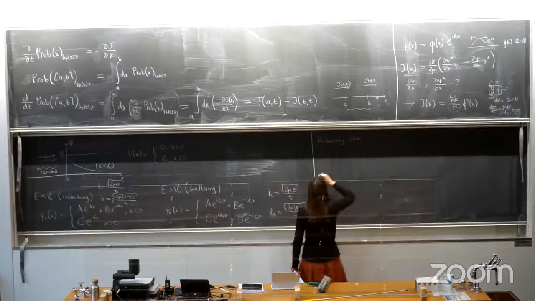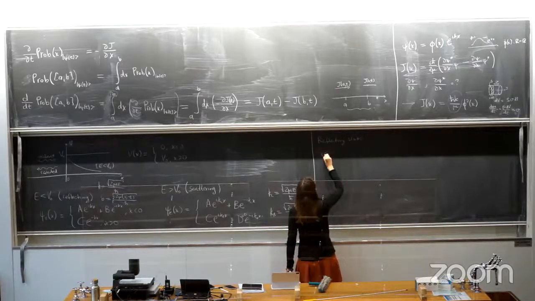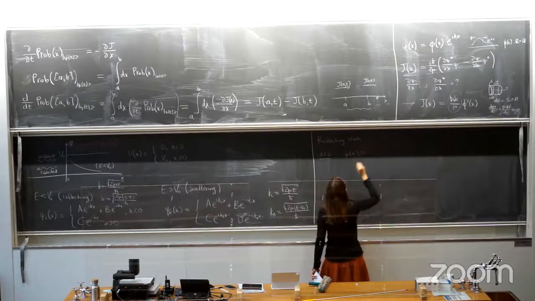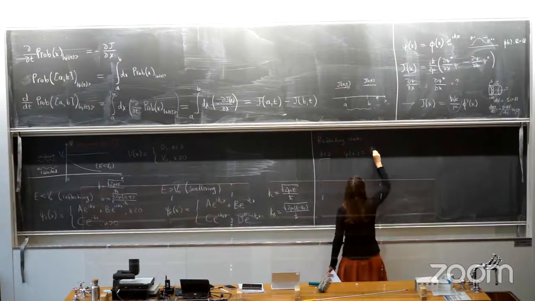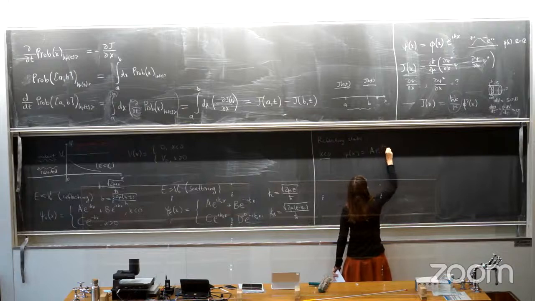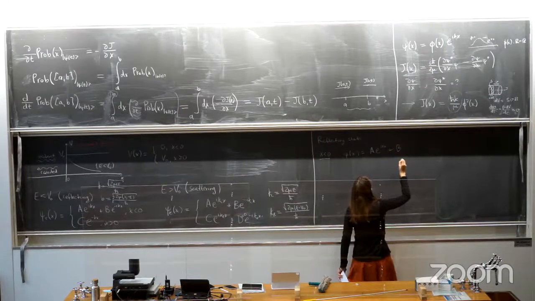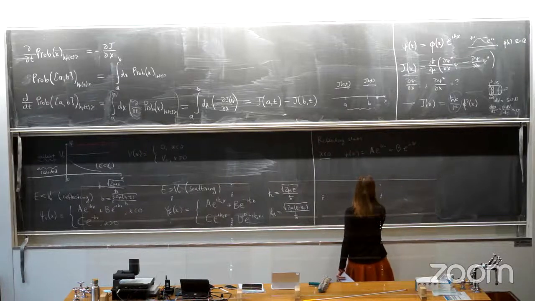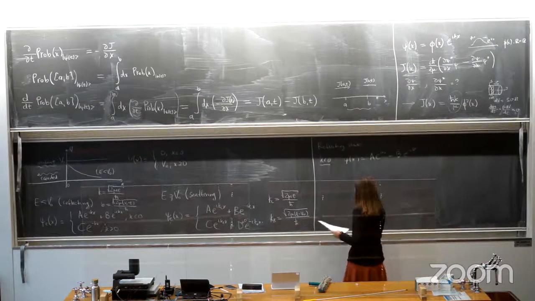So for x less than 0, we have that psi of x is A e to the power ikx plus B e to the power minus ikx. Okay, great.